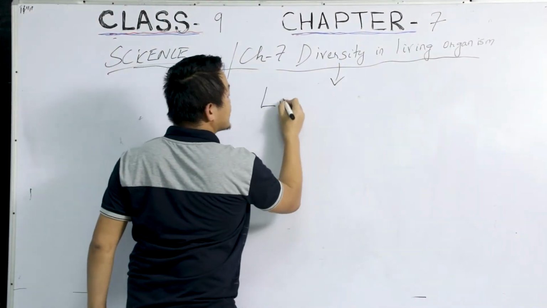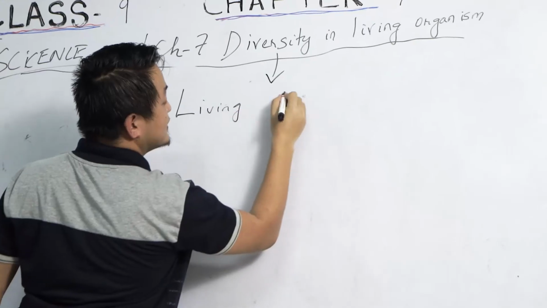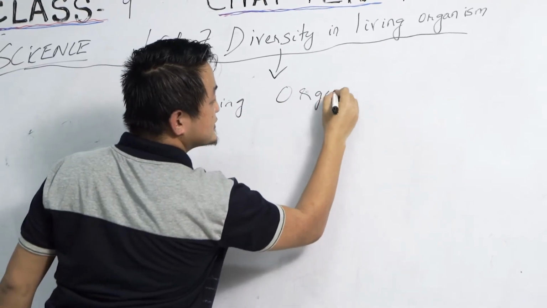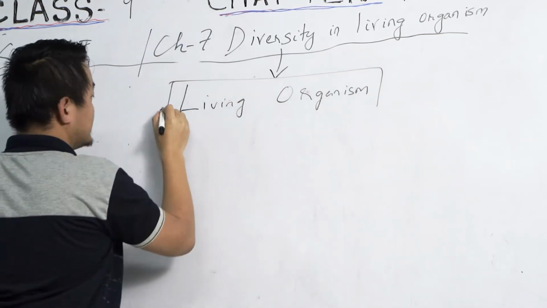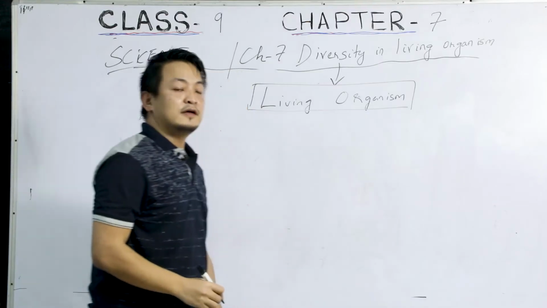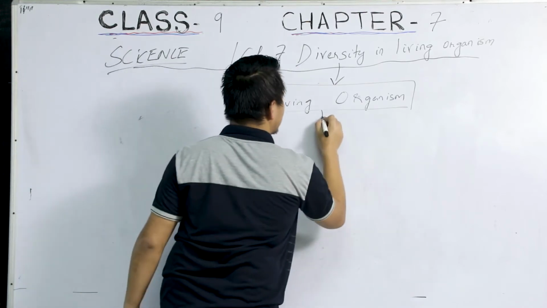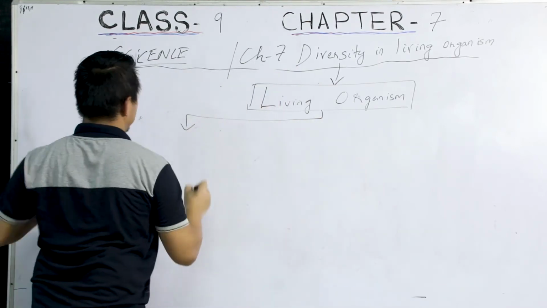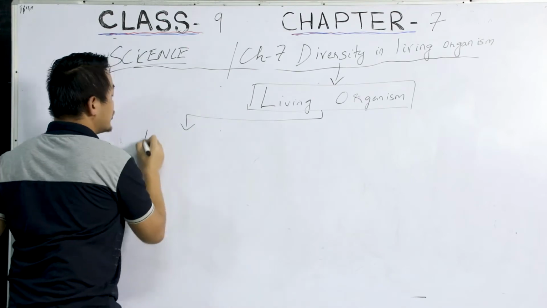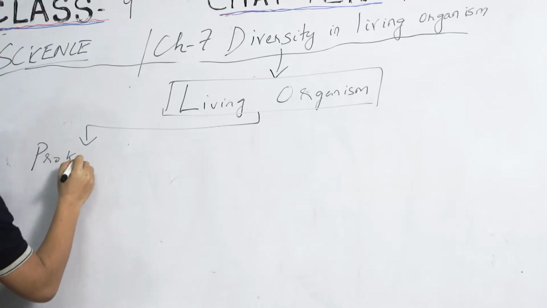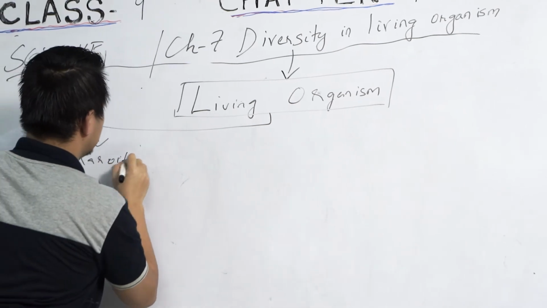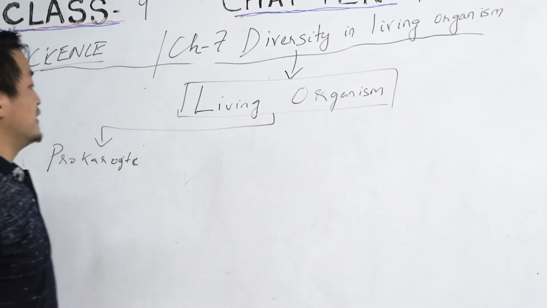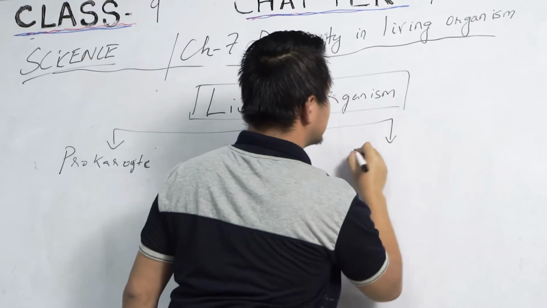We'll start with living organisms, okay. Living organisms will have two types. One would be prokaryote. Prokaryote. Clear? Then this one is eukaryote.